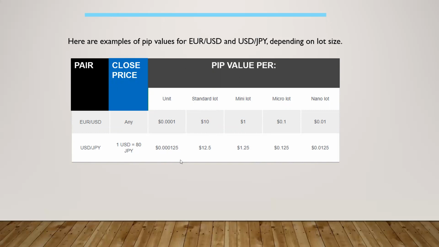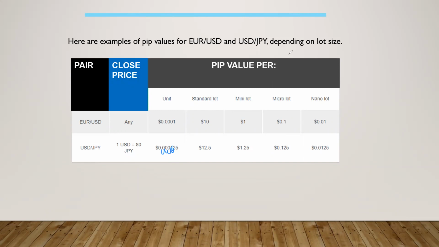Remember the pip value, let me use this. I have 1, 2, 3, and 4. So the pip value actually starts from this. So you are in the standard lot. This is what it means: 12.5. Mini lot, you have 1.25. Micro lot, you have 0.125. And nano lot, you have 0.0125.